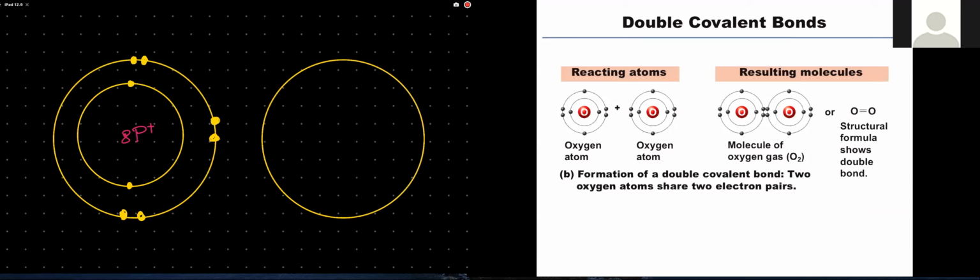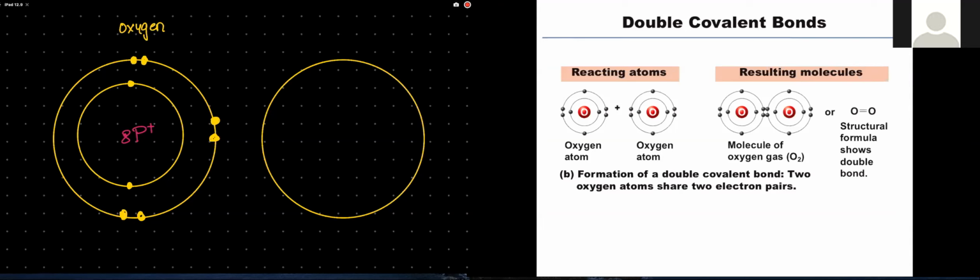So 2 are located in the innermost energy level, and in the outermost energy level, I have 6 electrons. So again, am I negatively charged, positively charged, or neutral as an atom of oxygen? I am neutral.